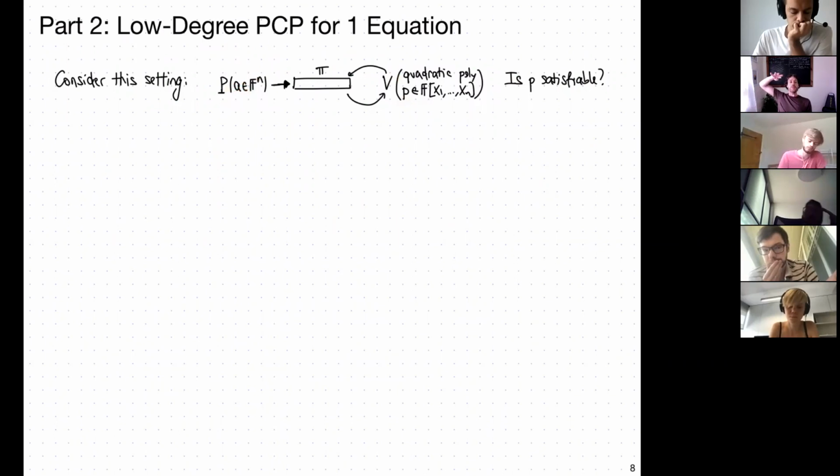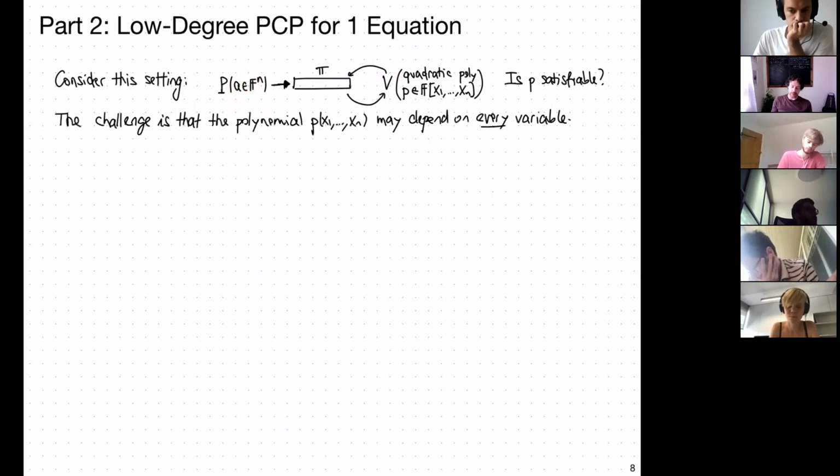So think about a low-degree polynomial that gets some encoding of a satisfying assignment for a single quadratic equation. The challenge in some sense is that the polynomial could depend on each one of the variables, and we don't want to query everything.